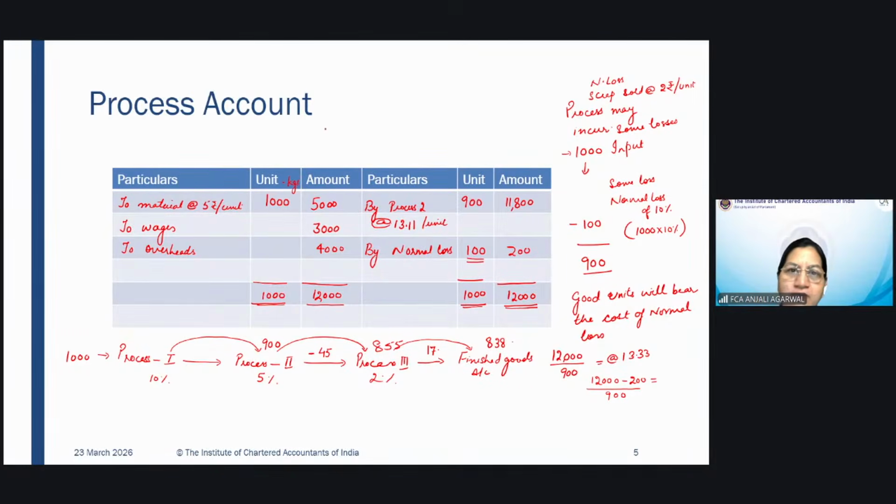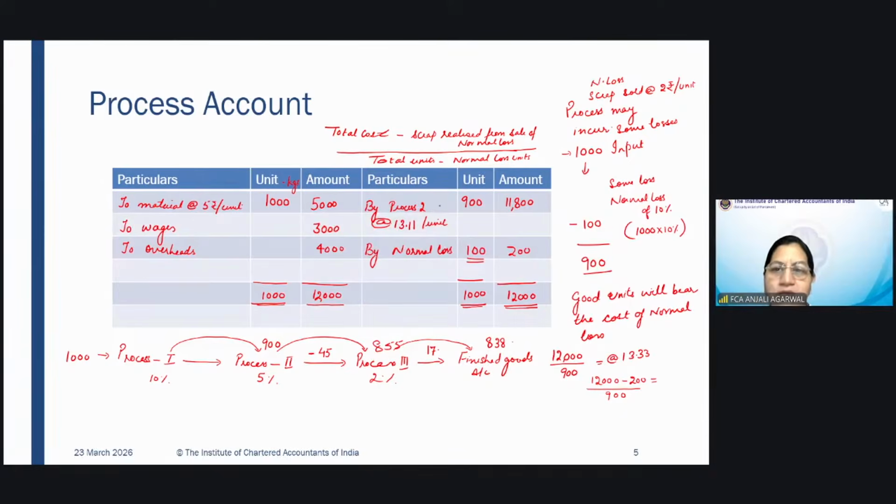This will remain the fundamental rule: your total cost minus scrap realized from sale of normal loss, divided by total units minus normal loss units. This will always be the cost of your final output, which is moving to process 2.